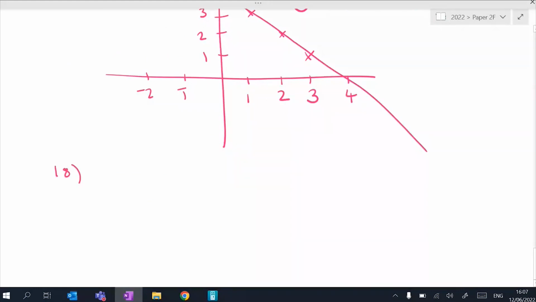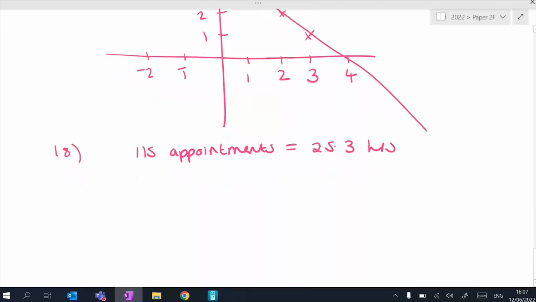Question 18. There's a sign that says how many appointments were missed, and they have a total of 25.3 hours. So 115 appointments is equal to 25.3 hours.